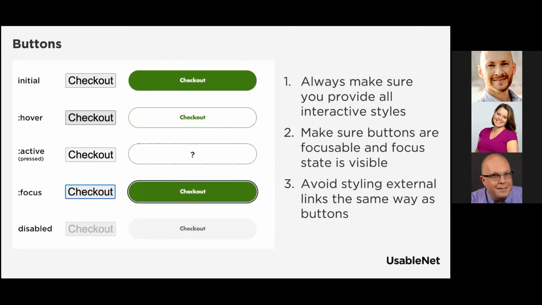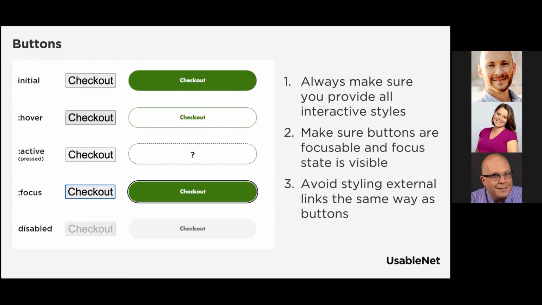And when it comes to screen reader users, or even better, keyboard navigation users, it's very important to cover and design for the focus state, because the focus state is definitely the most important state of any interactive element. So make sure that the focus state is clearly visible and distinguishable.